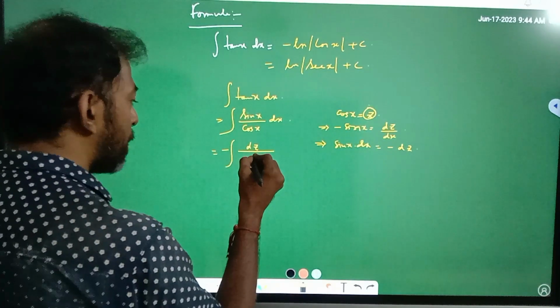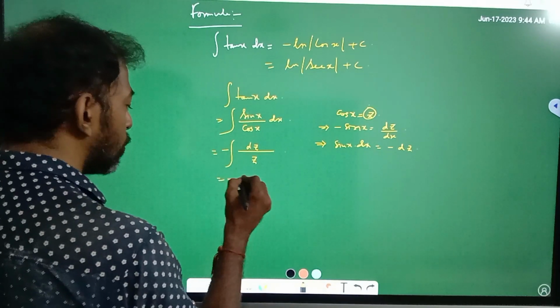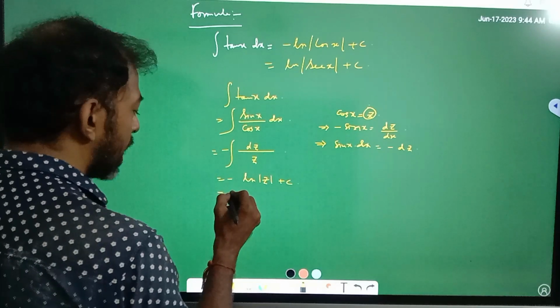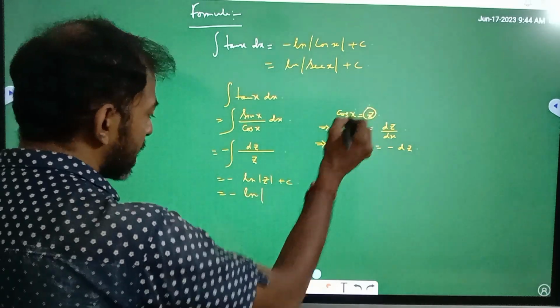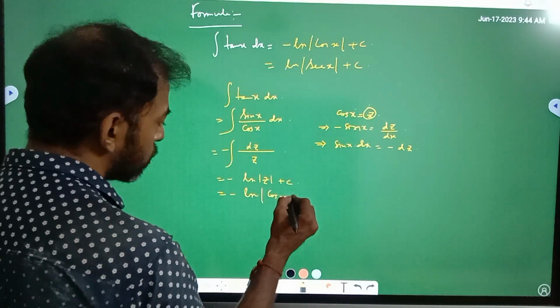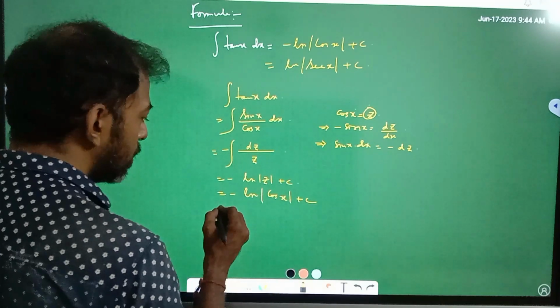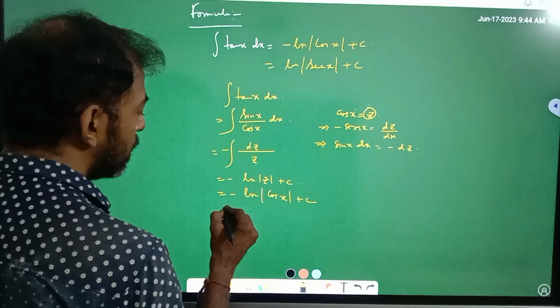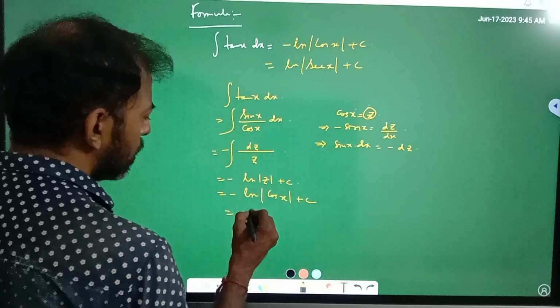The value of cos x is z, so that will be minus log mod z plus c, and since z is cos x, that will be minus log mod cos x plus c. So that was the first formula. The second form is very easy.